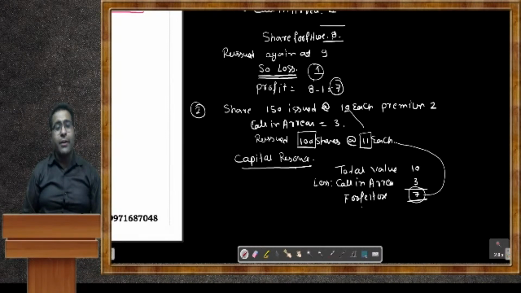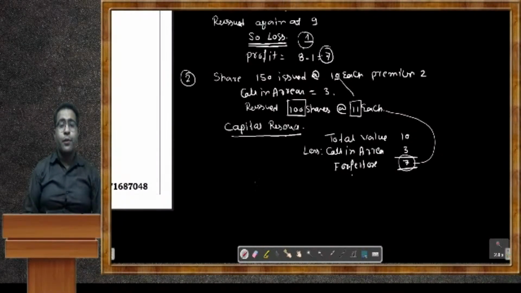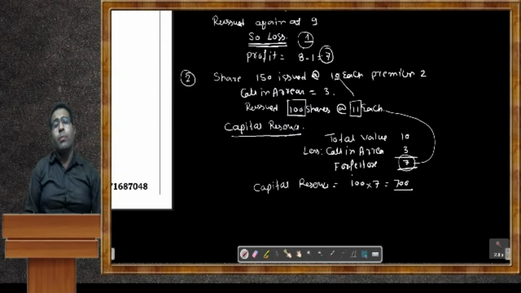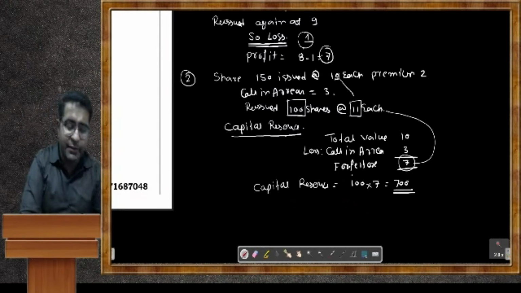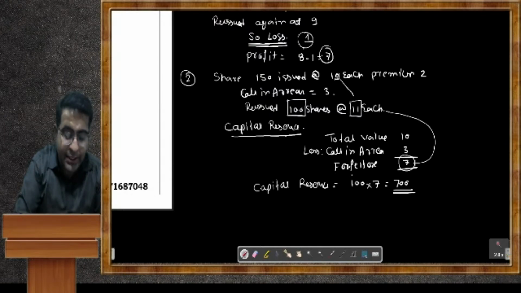On 100 shares. So for capital reserve, 100 shares reissued and a total profit of 7 rupees, so 700 rupees is transferred to the capital reserve account. These are the two queries asked by the students.